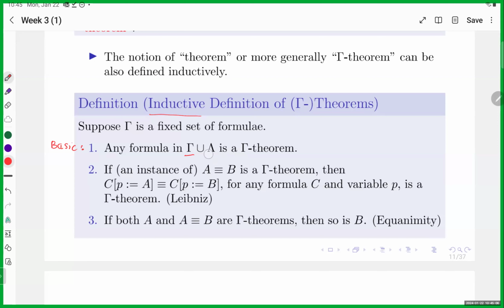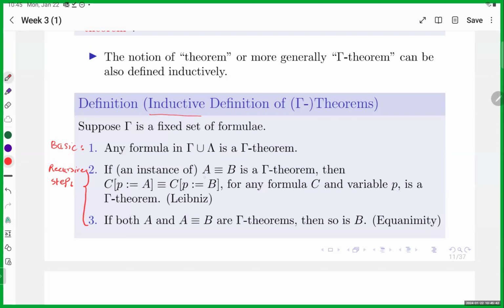Now the recursive step, or steps, here I have two of them. The recursive step refers to the next two. The first one is regarding the Leibniz rule, and the second one is regarding the equanimity rule.